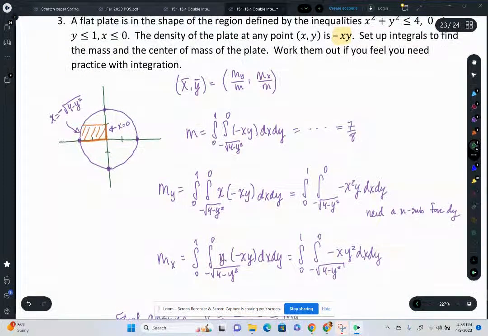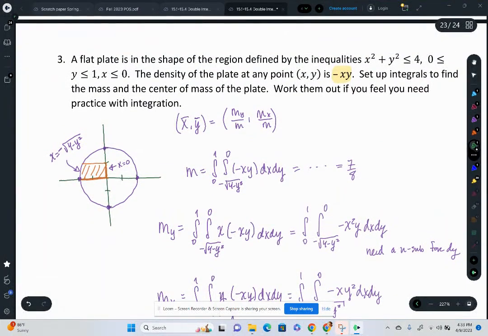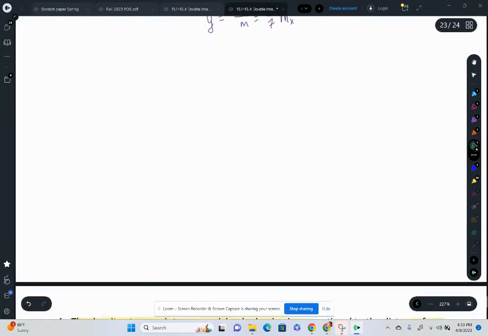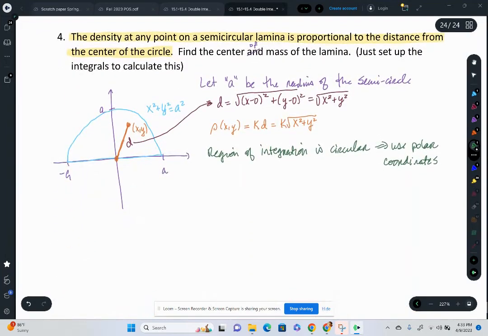The last one had a circle as part of the definition, but the actual region was not a circle. It was rectangular with one slightly curvy side. That's it. So polar would not have been good for us there. But polar will be good here because we're trying to integrate over this whole semicircle. Okay? So we're going to use polar coordinates.